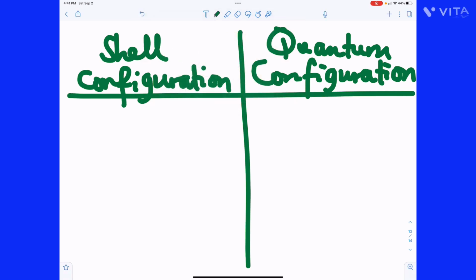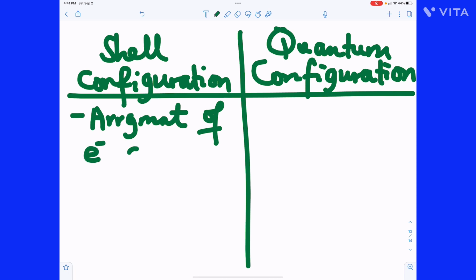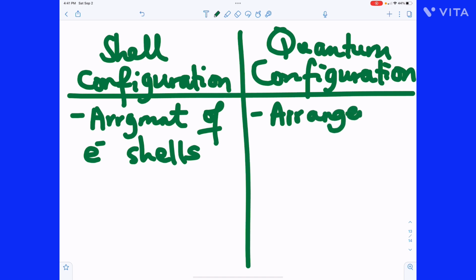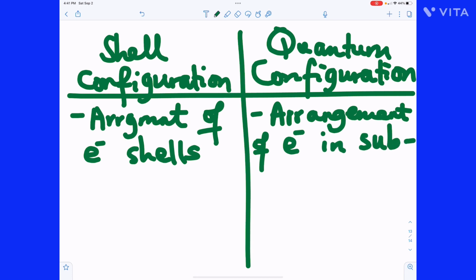What do we do in shell configuration? Arrangement of electrons in shells. Then this one shows arrangement of electrons in subshells and what? Orbitals.